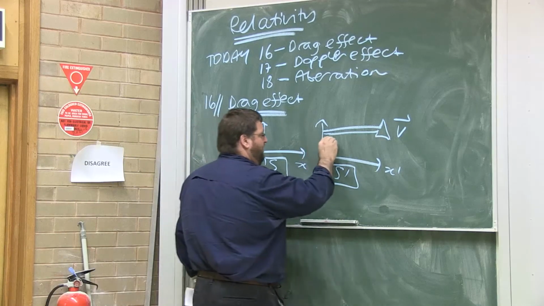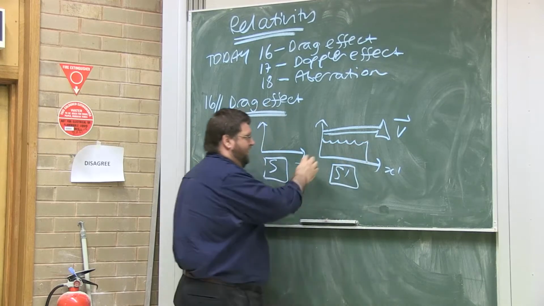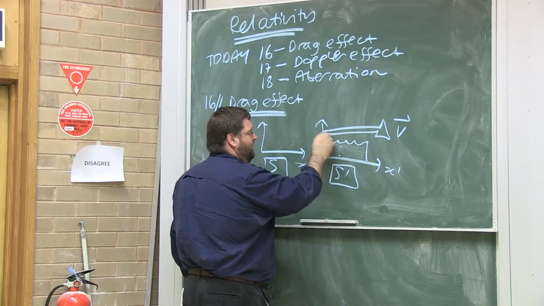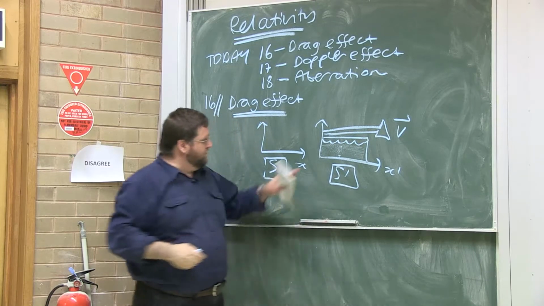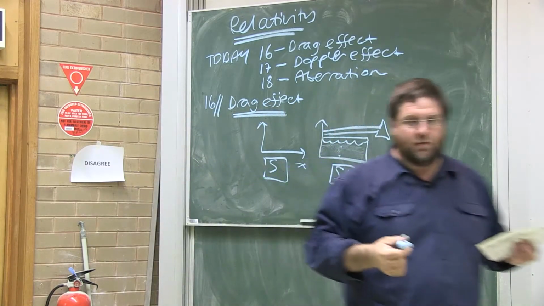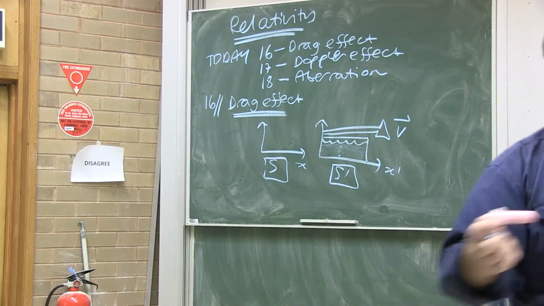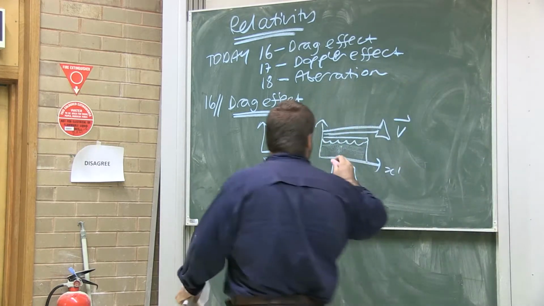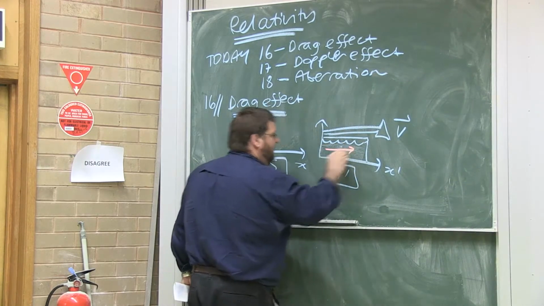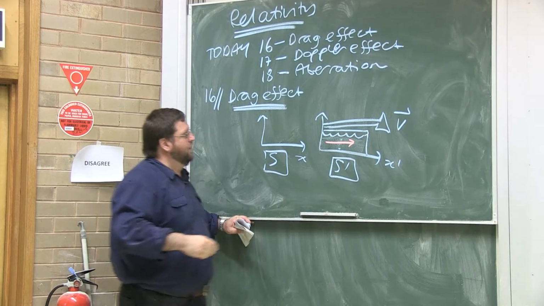But now what we're going to do is have a flying fish tank. We're going to have this fish tank attached to the second frame, the S prime frame. And we want to have a beam of light not in vacuum, but inside this flying fish tank.